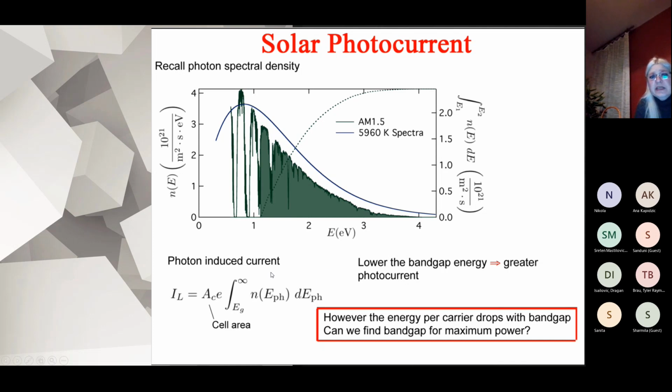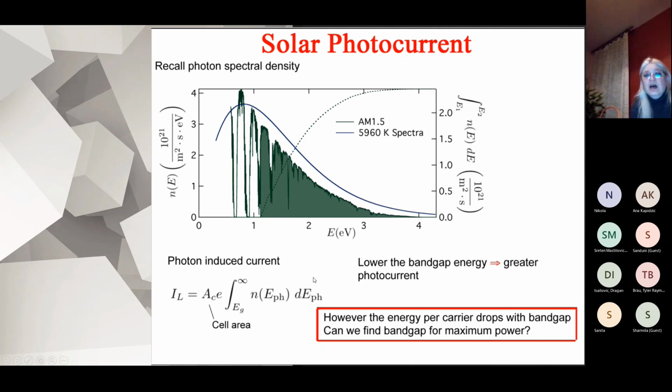So we can express this photon-induced current as the cell area, this is for the whole cell, times the charge, and then we integrate the number of photons from the band gap of the material used in the solar cell to infinity.